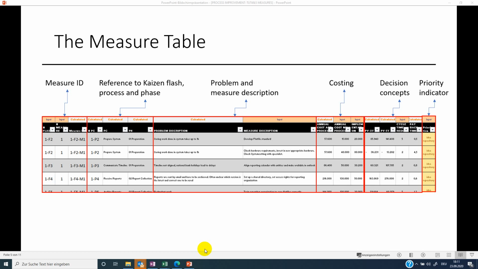In the end, we have the plan, do, check, and act cycle fully implemented because we see the effectiveness of a measure to a current process and how that solves the potential or the problem that has been identified.